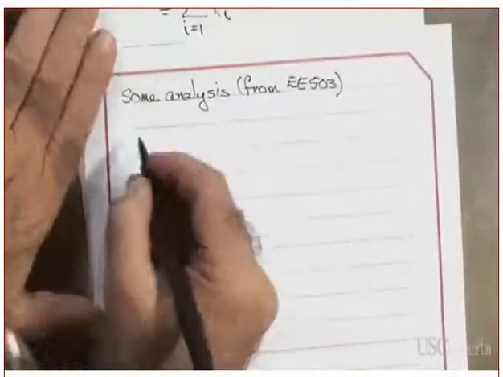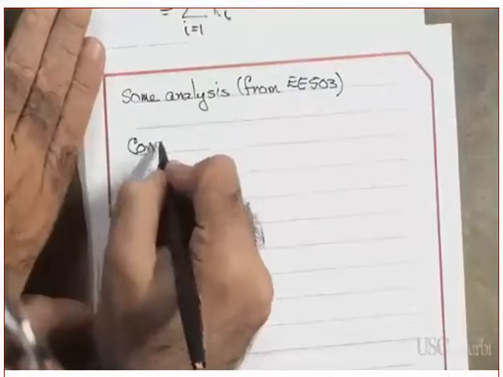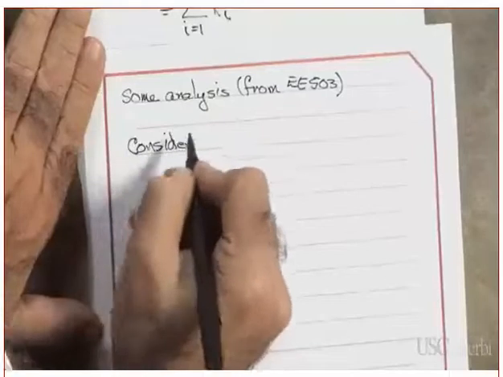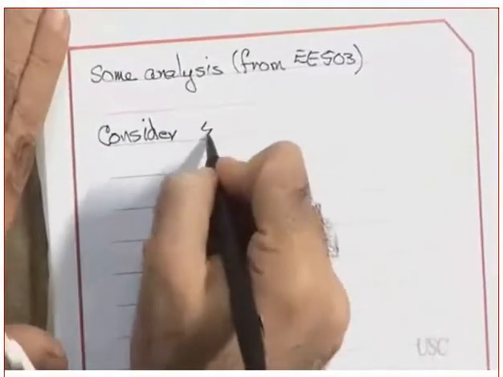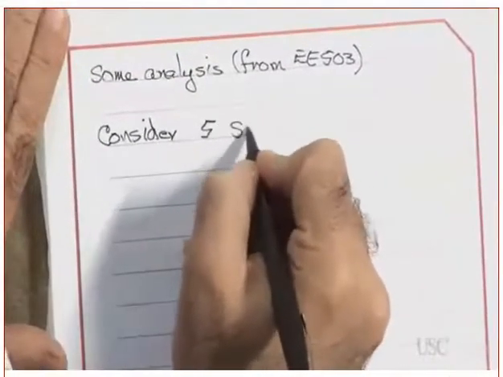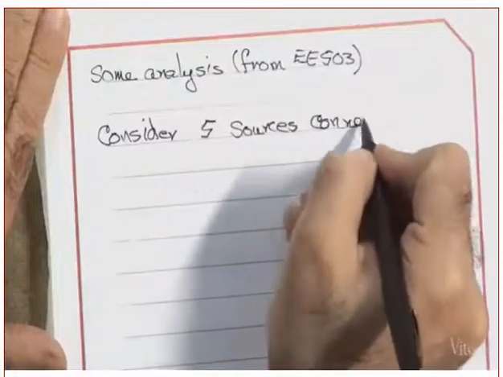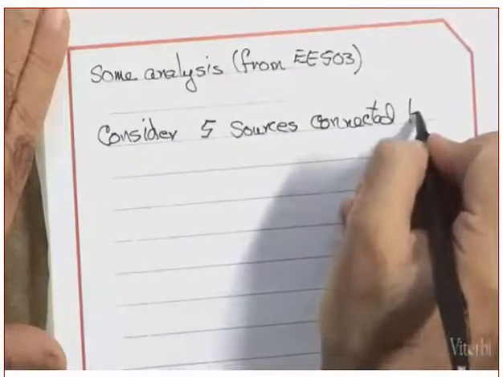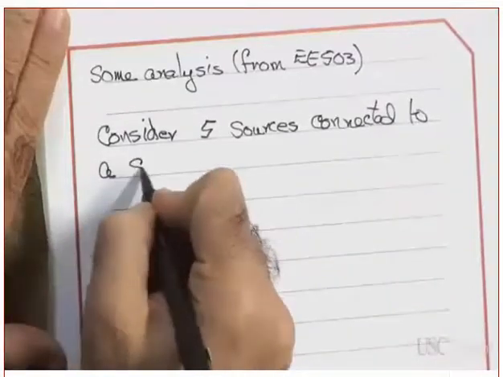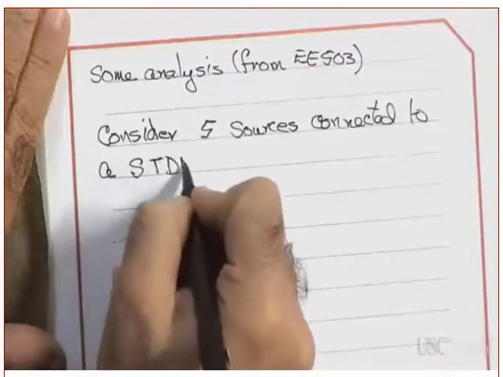Okay, let's take an example. Consider, let's say, 5 sources connected to a statistical time division multiplexer.